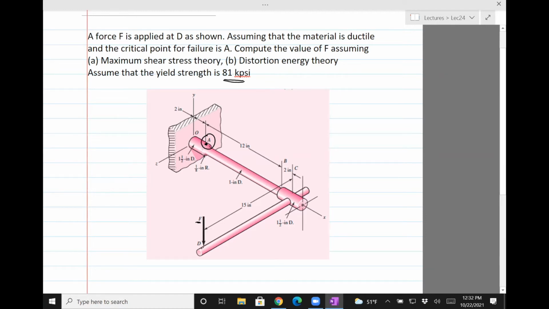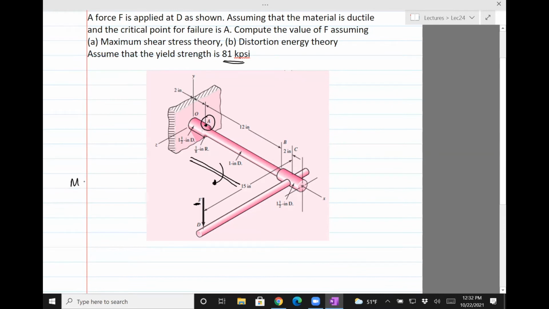So if there's a force F here, you can see that this part of the beam, or this part of the shaft, is subjected to a bending moment, right? And the bending moment M will be this force F times this distance, 12 plus 2, 14.